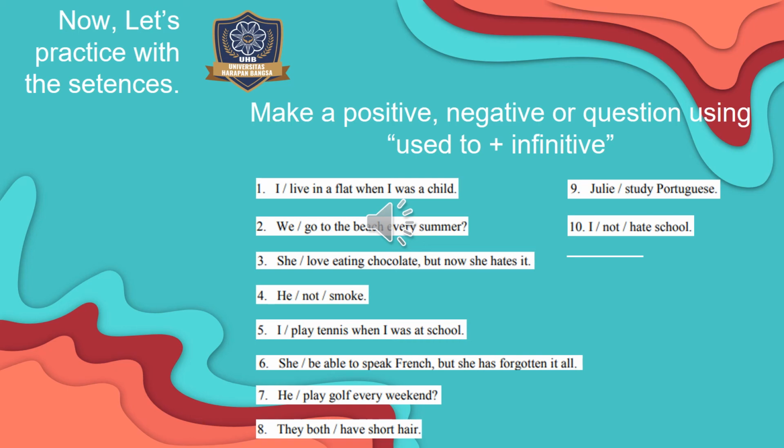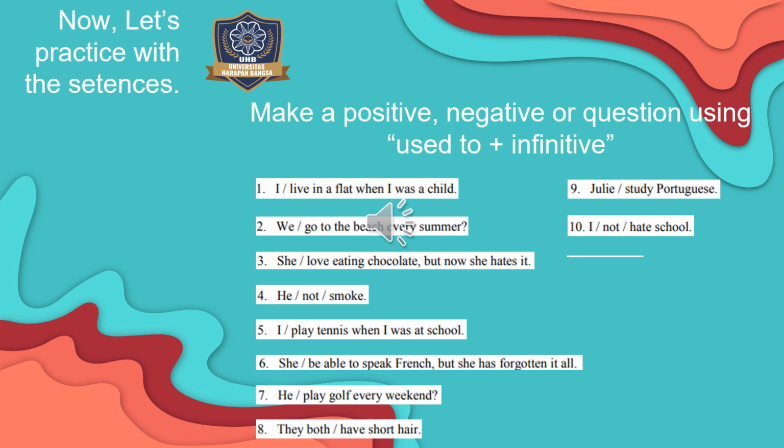The incomplete sentence is we go to the beach every summer. At the end of the sentence, we have a question mark. So the sentence is a question form.